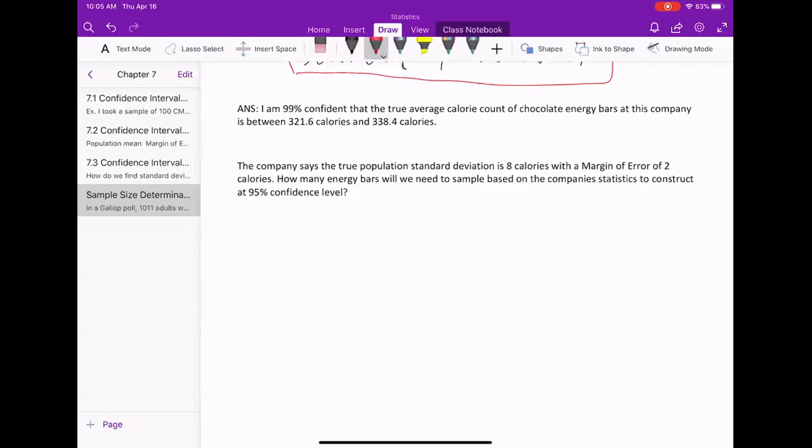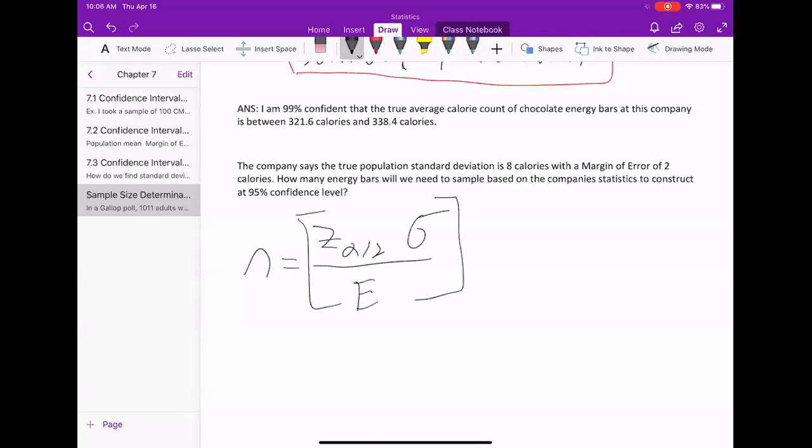So there's a new formula. N equals Z alpha over 2 sigma, all over my margin of error quantity squared.